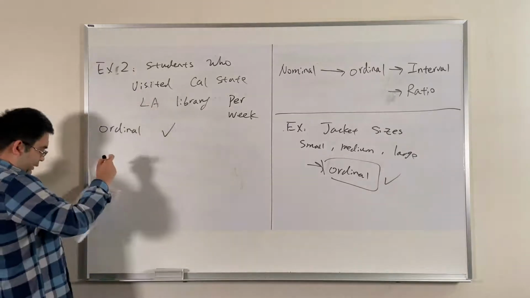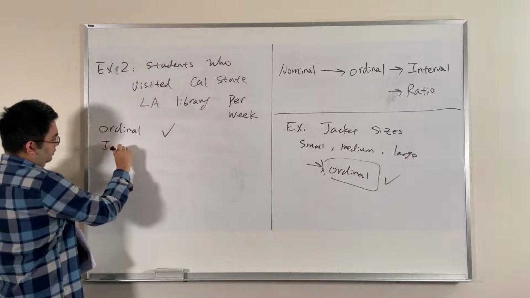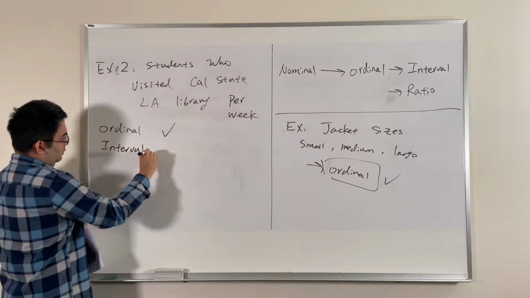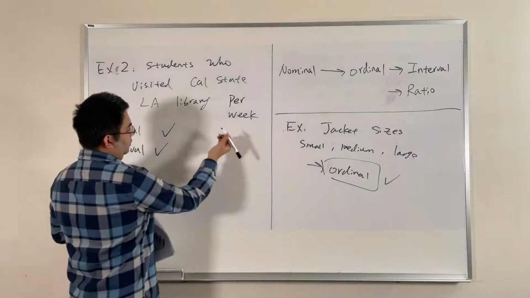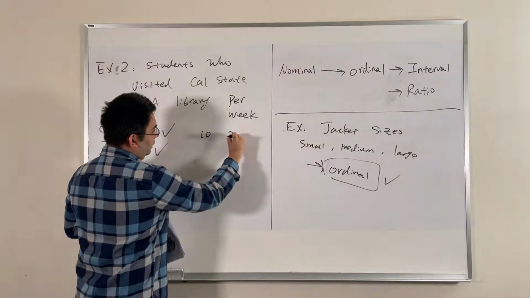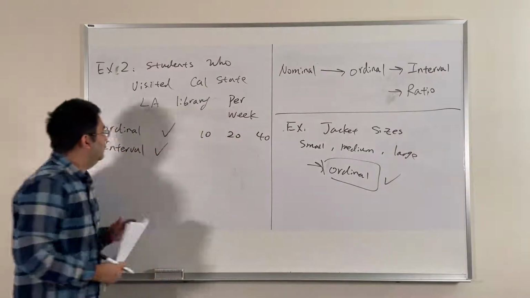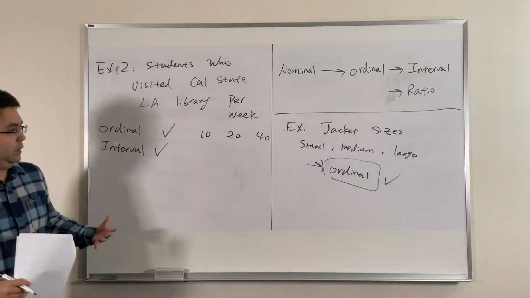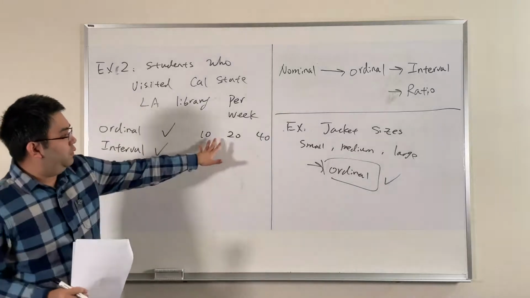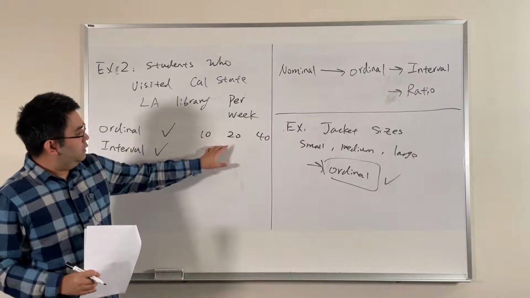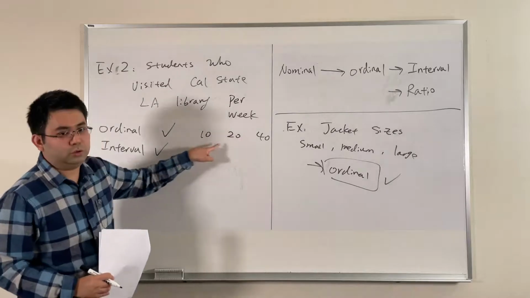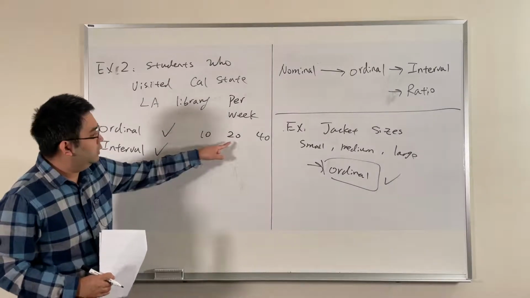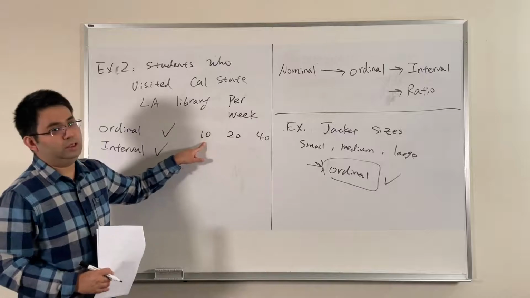And then, is it interval? Again, yes, because let me create some numbers. Week 1 will be 10, then 20, and then 40. Is it interval? The answer is yes, because if these are the numbers we collected, and you subtract the two, week 2 has 10 more students than week 1.